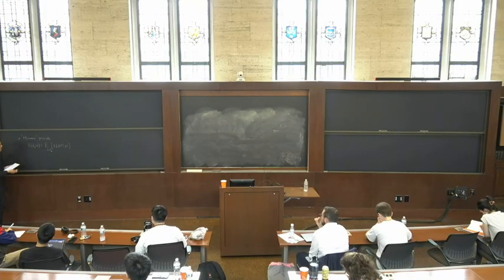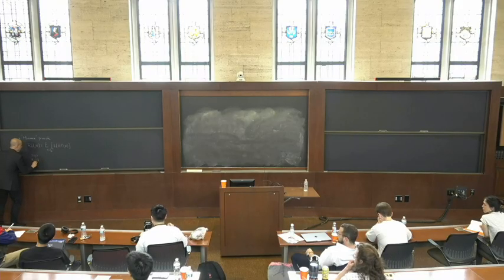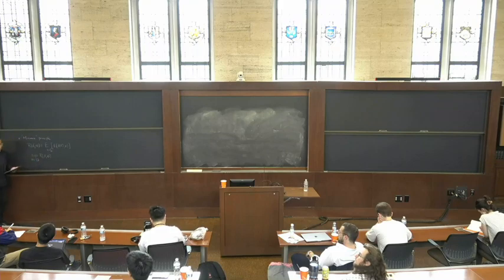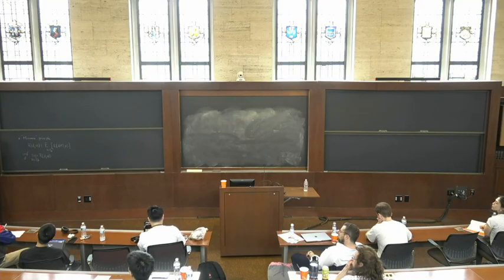The problem we are interested in solving is one in which you look at the worst case performance of a particular decision rule over the parameter space, and then you try to optimize this worst case performance.